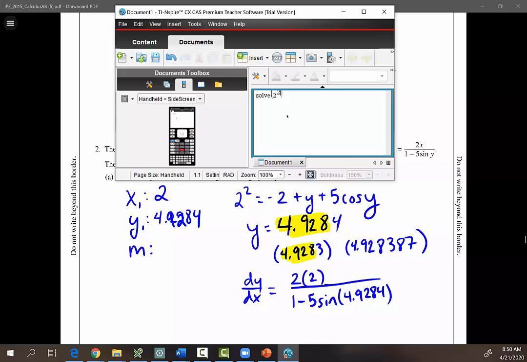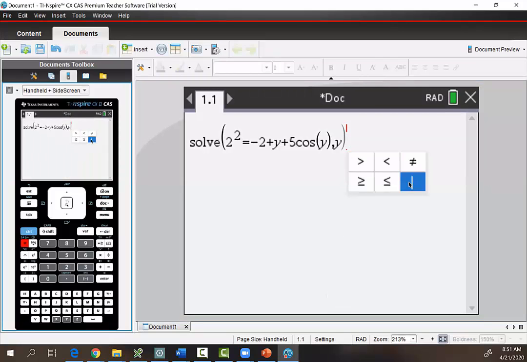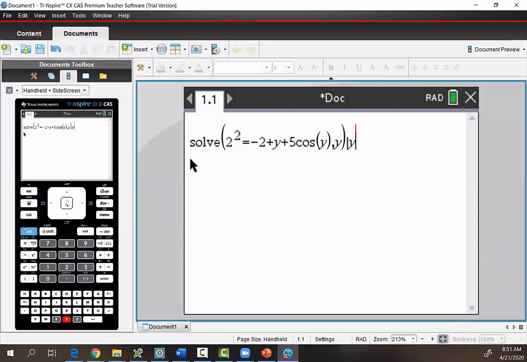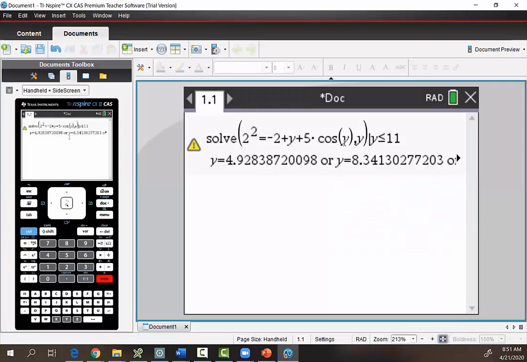That's something you definitely want to be careful of. Then we can do an at y is less than or equal to 11, because that was the initial condition. So control equals at y, control equals less than or equal to 11.